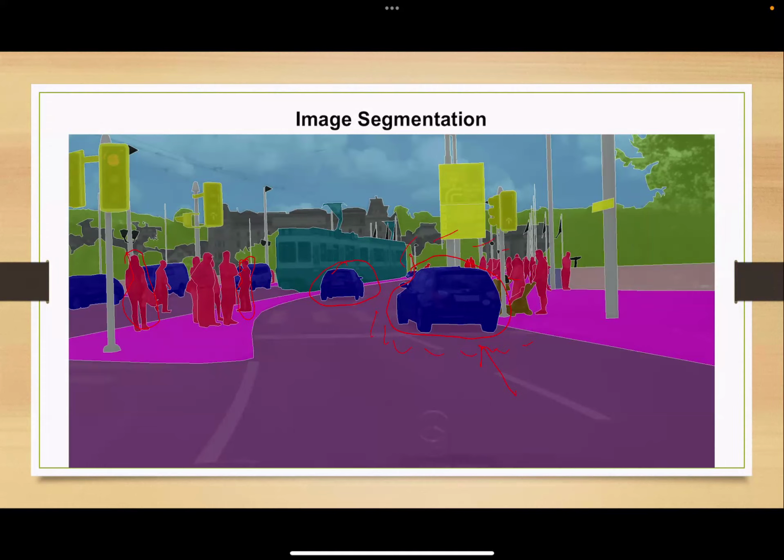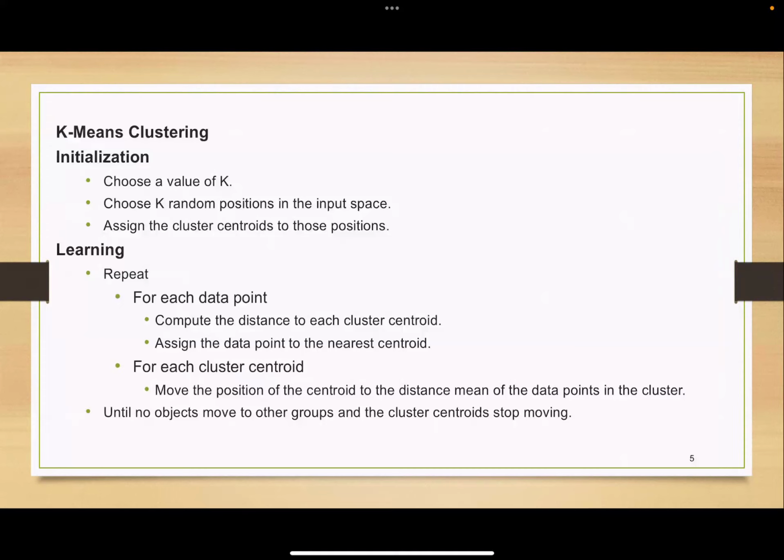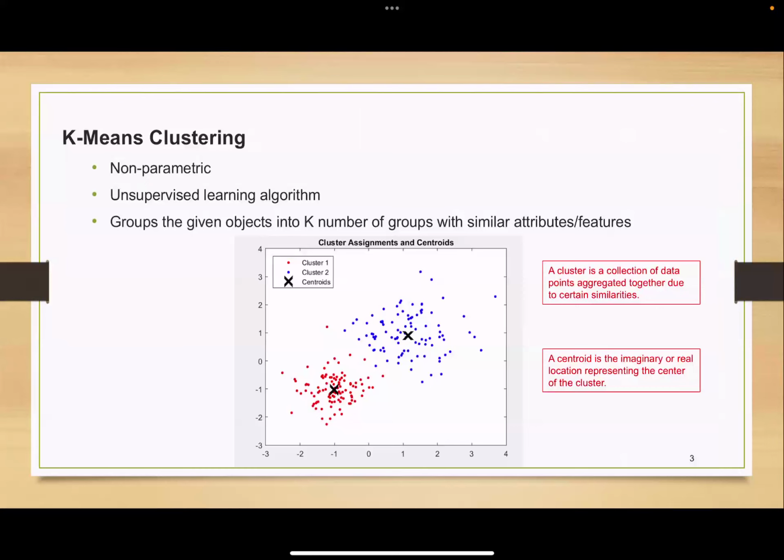This is also a kind of clustering application. So let me introduce the process of k-means clustering. Firstly, we need to do initialization. We need to choose the value of k. If you forget, the value of k is the number of groups. So we need to first define how many groups we are going to cluster.